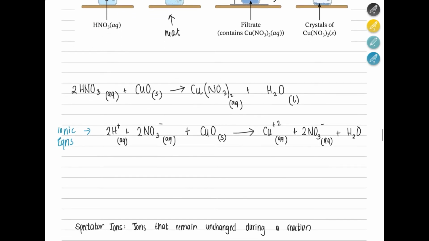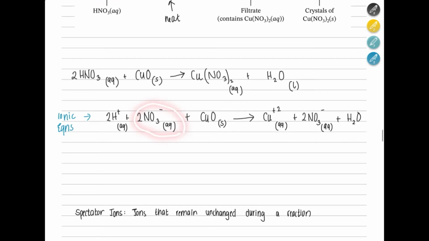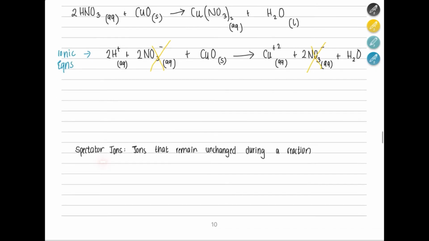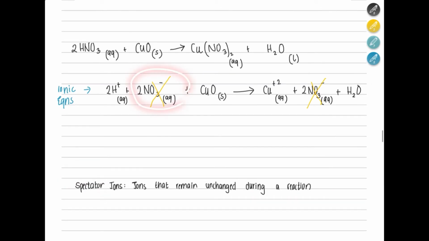Now if you notice, some ions remain same before and after. Look at nitrate ions before and after, there is no change, they're both aqueous, so we can cancel this. Any ions that remain unchanged during a reaction are known as spectator ions. So here nitrate ions are spectator ions, they're not doing anything, they're not changing during the reaction.